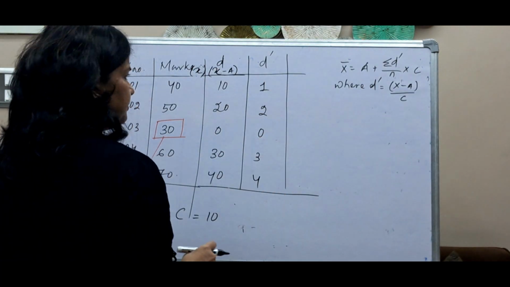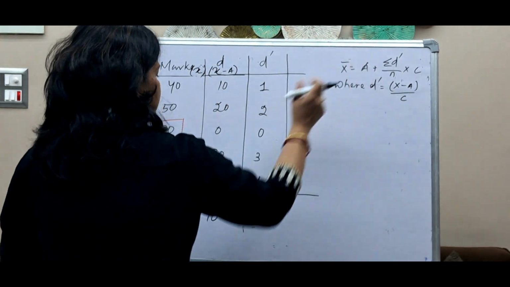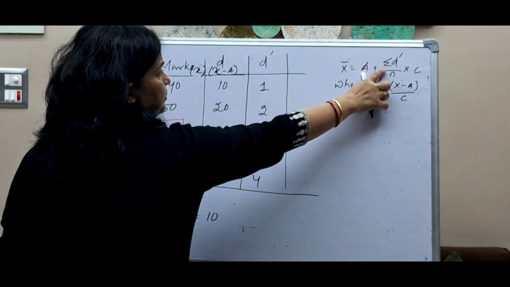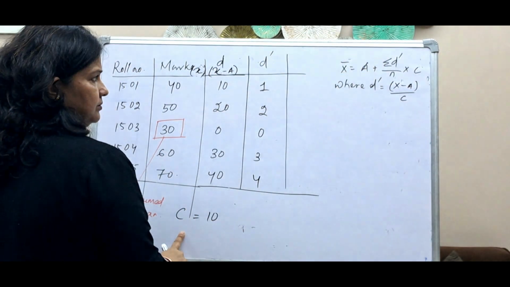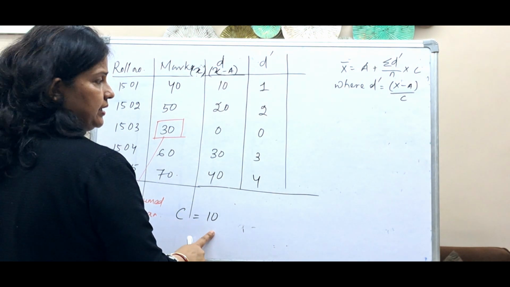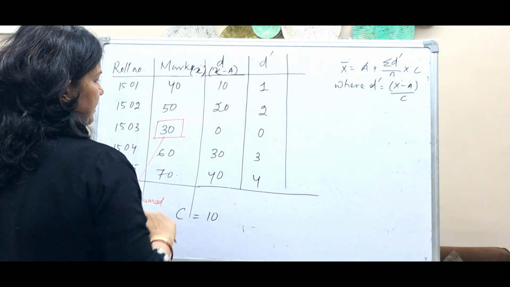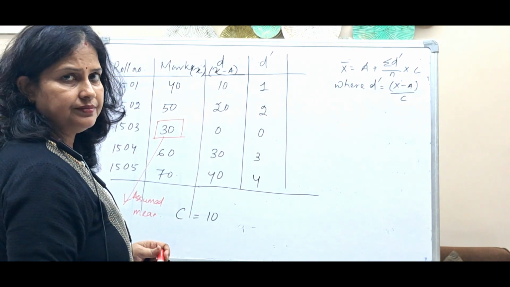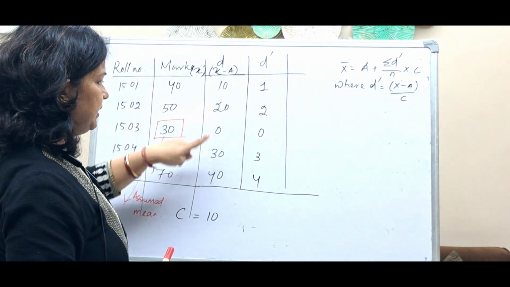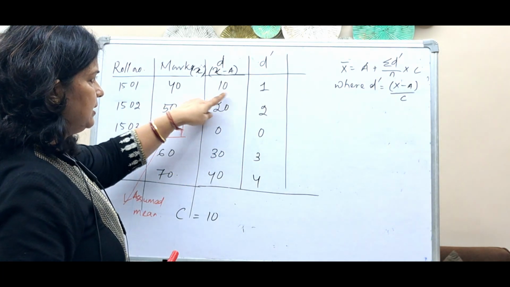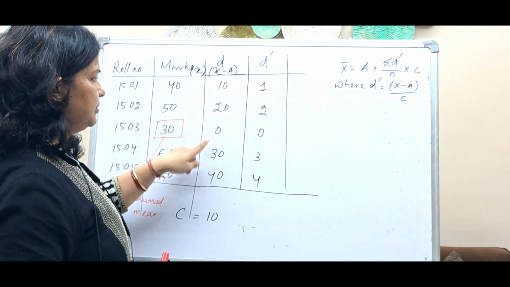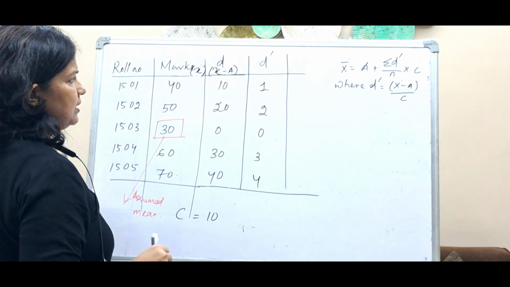Now we need to find sigma of d dash. To put it in the formula, we have c now. We have taken c equal to 10 because 10 is divisible by all our deviation factors. If you see 10, 20, 30, 40, we can divide by 10 each of the deviations.